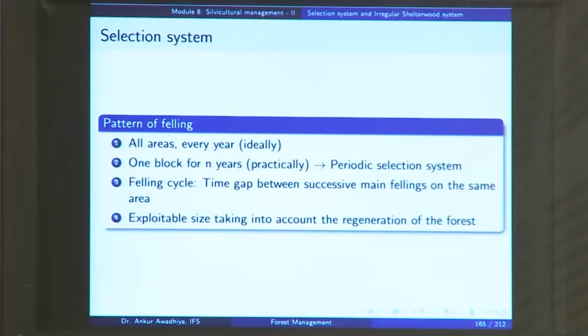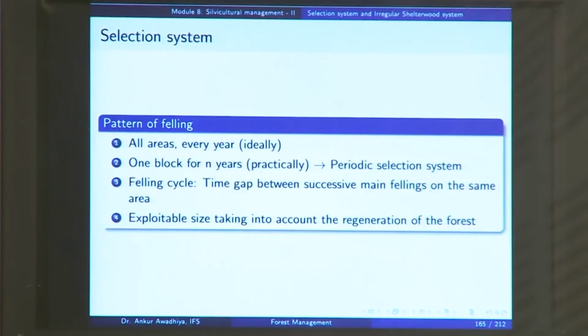So, your selection DBH is not only determined by considering the size of the trees, and the exploitable size and the economic considerations, but you also have to consider whether your forest will be able to regenerate adequately if you are taking that selection DBH.